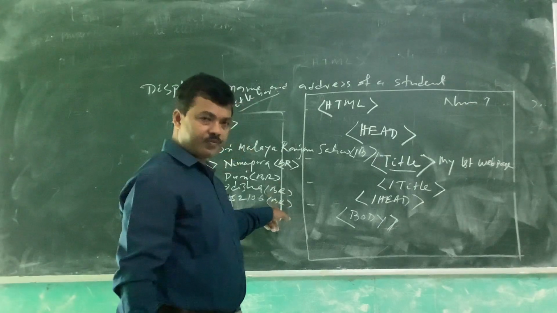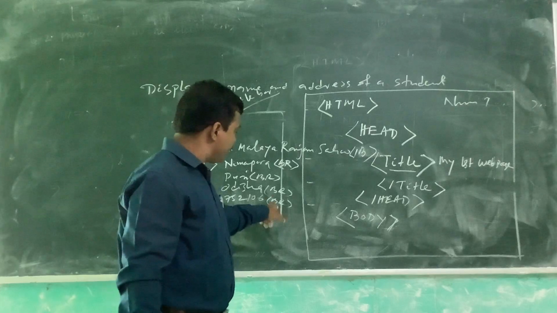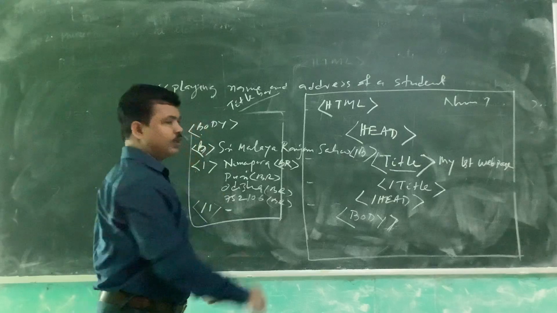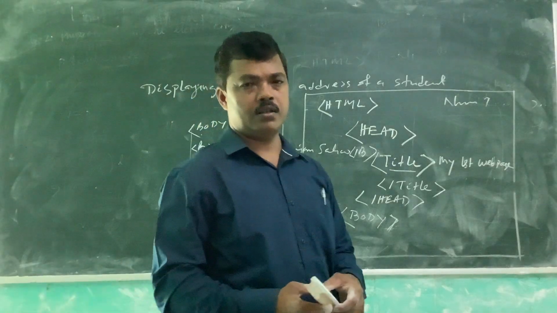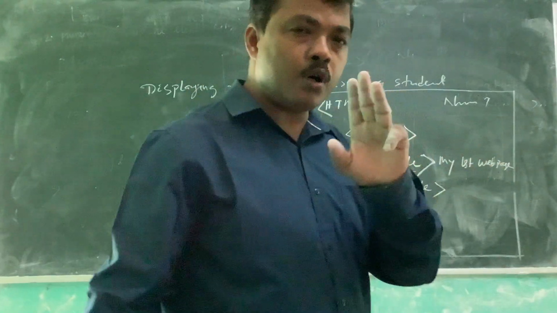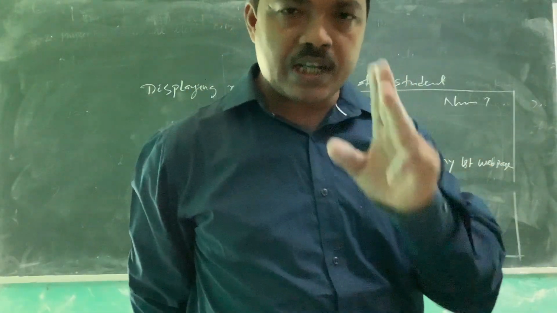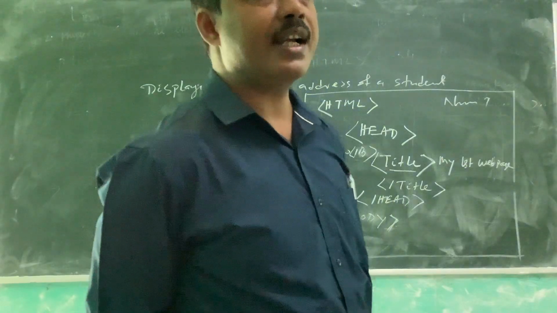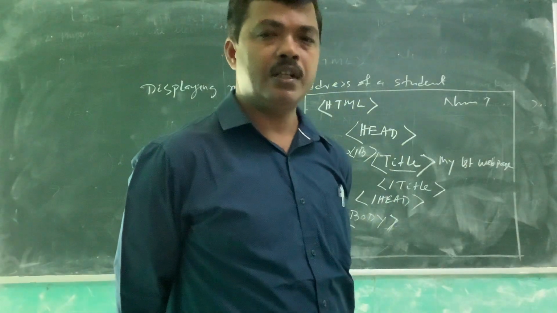But if it is written, then it will move the cursor to the next line. Okay. So we need 4 different lines to see the address of a student.